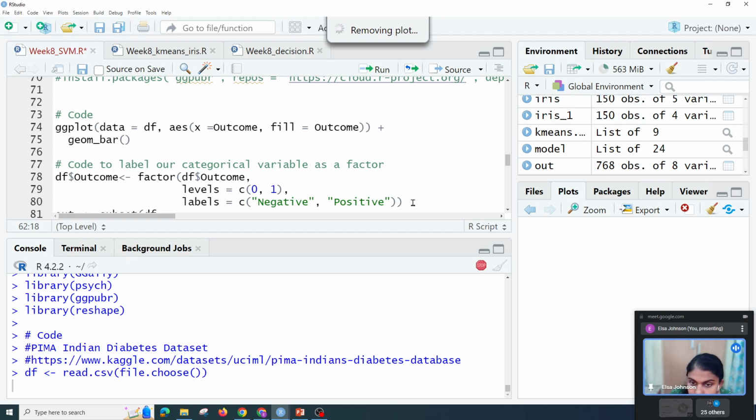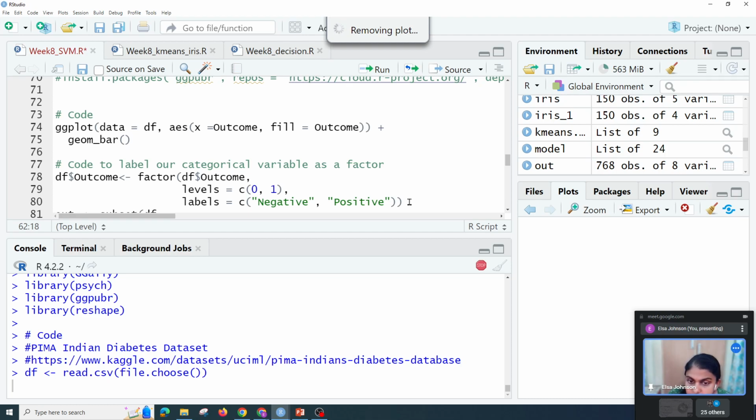Undersampling makes both classes equal to the lower number of cases present. For example, if the positive cases are 270, then you make the negative cases 270 as well.